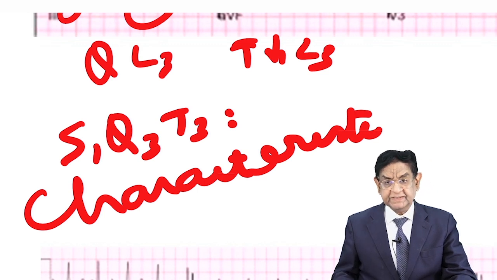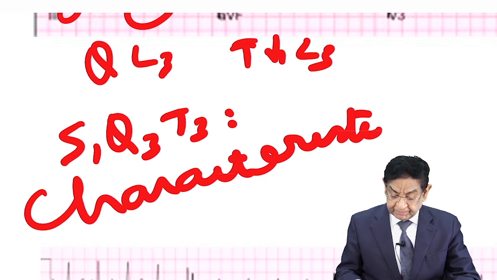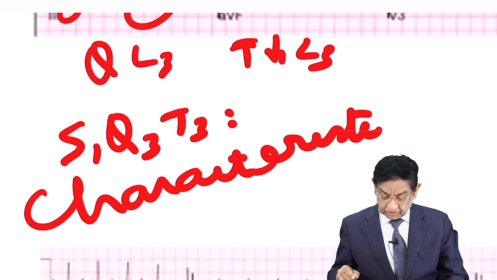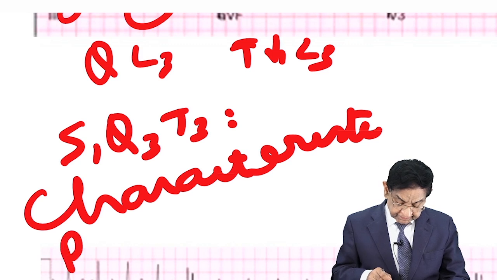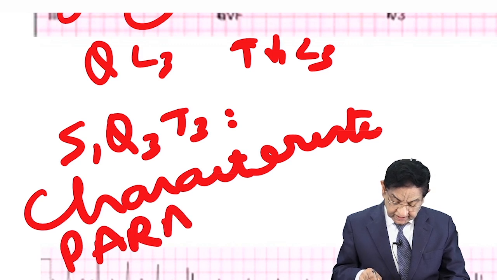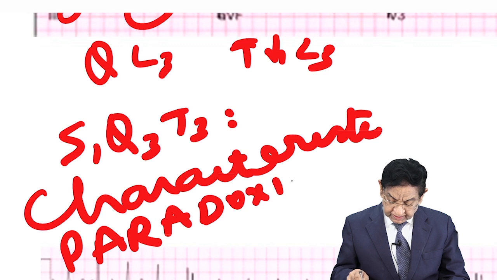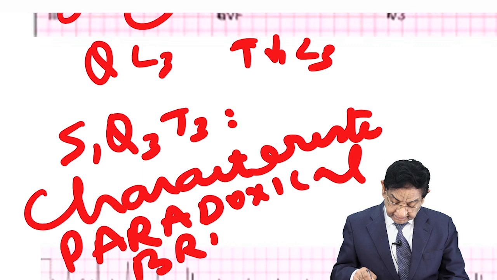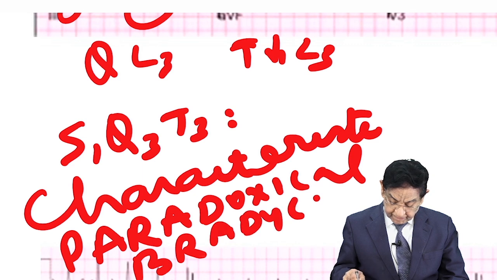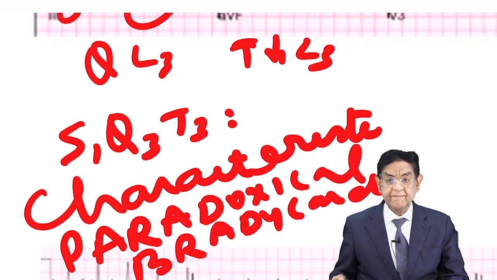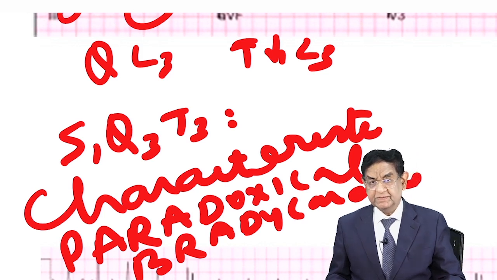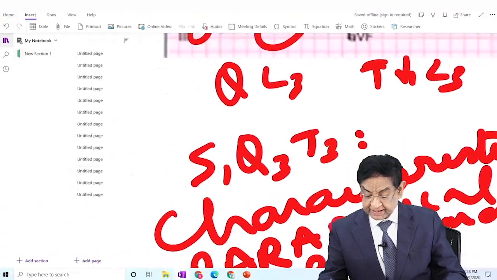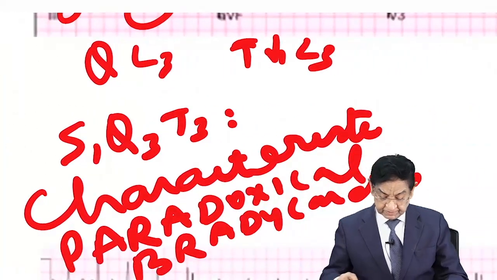But in some cases, you may get even bradycardia, what we call paradoxical bradycardia, which can occur in some patients, right?